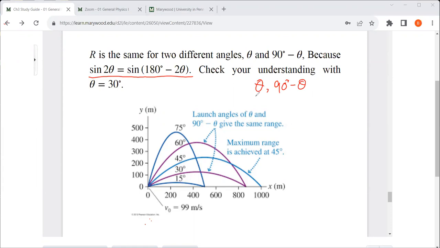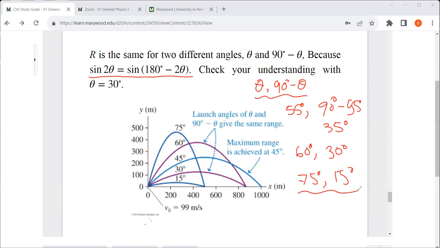Or if you know theta equals some value, for example 55 degrees, the other theta will be 90 degrees minus 55 degrees, and that is 35 degrees. If one theta is 60 degrees, the other theta will be 30 degrees. If one theta is 75 degrees, the other theta will be 90 minus 75, which is 15 degrees. That's how you can find the other theta for which the horizontal range will be the same.